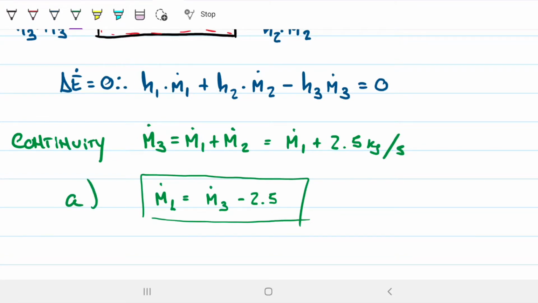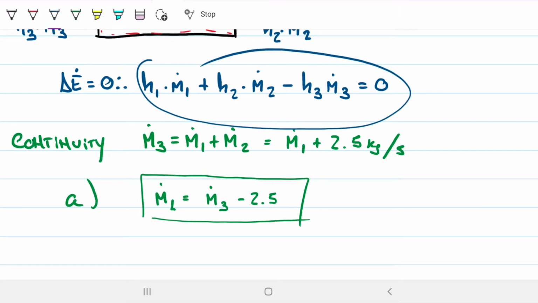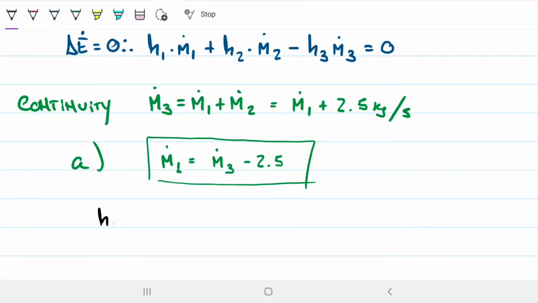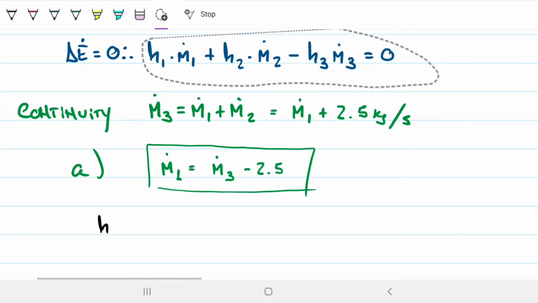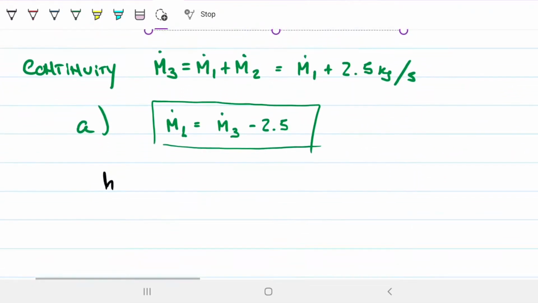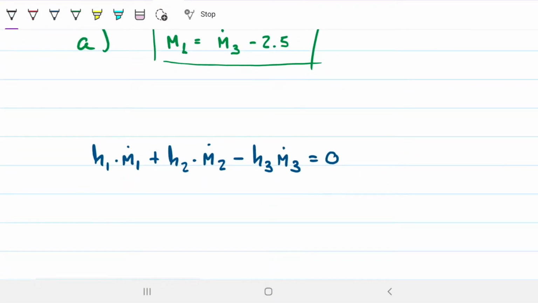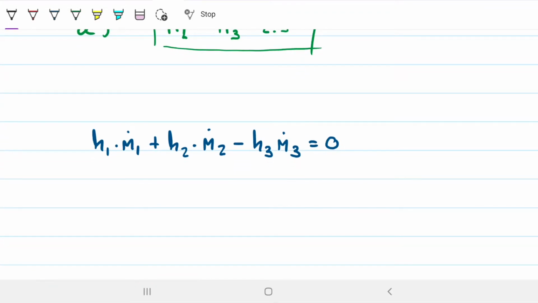We know this relationship, so now let's use this here and see how we can rewrite this so that we can find M3. How can we do that? Well, if I write my enthalpy, let's rewrite that slowly. Let's substitute where we have M1 by M3 minus 2.5.